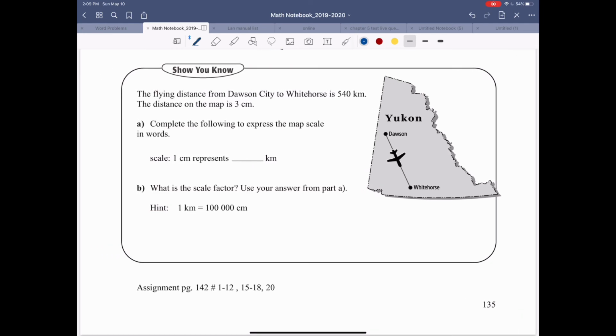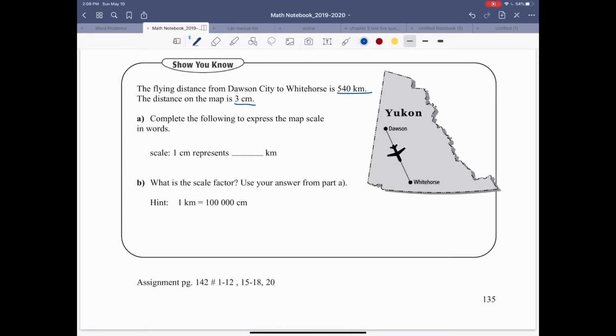And this distance problem here. On a map you use scale a lot. The flying distance from Dawson City to Whitehorse is 540 kilometers. The distance on the map is 3 centimeters. So this is the model, this is the real, but you notice they are in different units. For example, they ask what the scale is here: 1 centimeter represents how many kilometers?